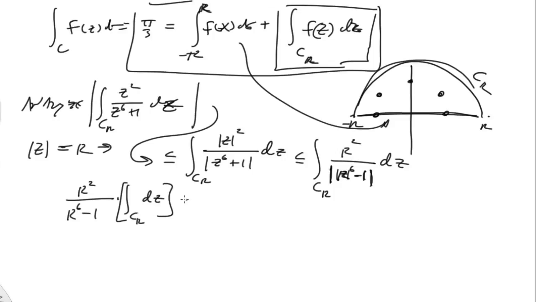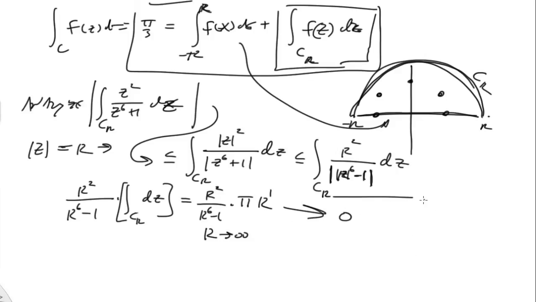That's an arc length integral, so that is equal to r squared over r to the 6th minus 1 times pi times r, because that's the arc length of this part up there. Now clearly, as r goes to infinity, we have a third power on top and a 6th power in the denominator. So clearly that goes to 0. And if this thing goes to 0, it means that this in modulus has to also go to 0.